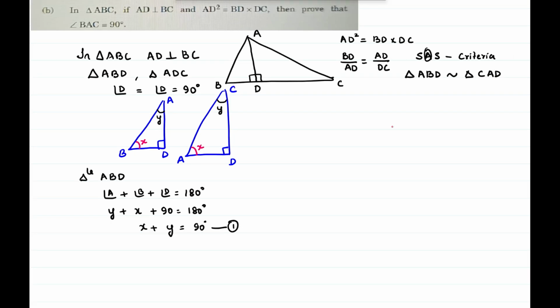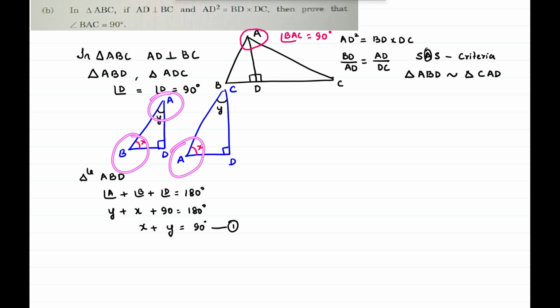After this, we need to prove that angle A, that is angle BAC, is equal to 90 degrees. We can prove it using these values here.